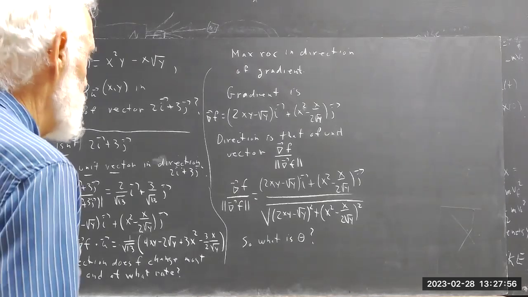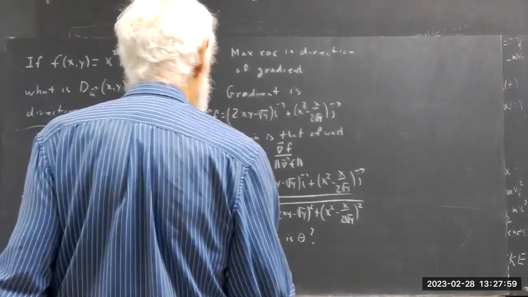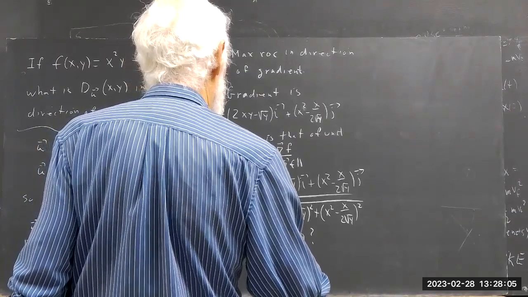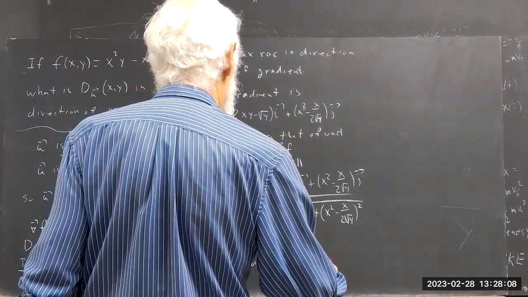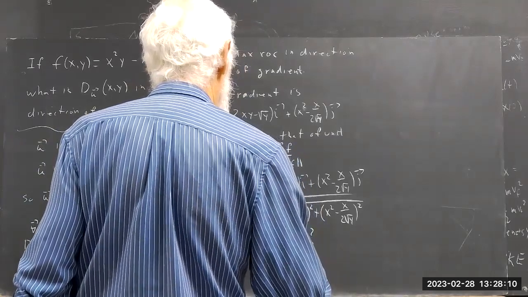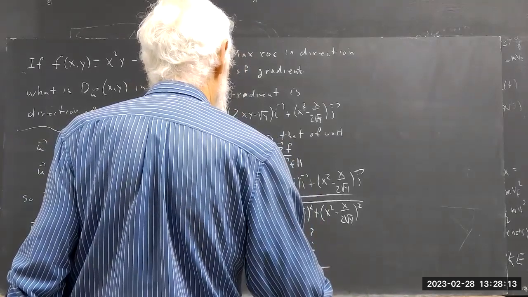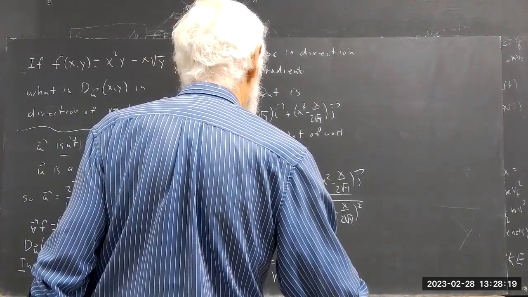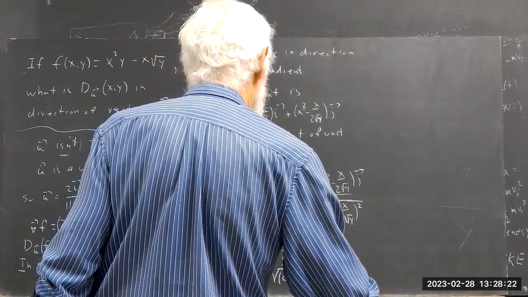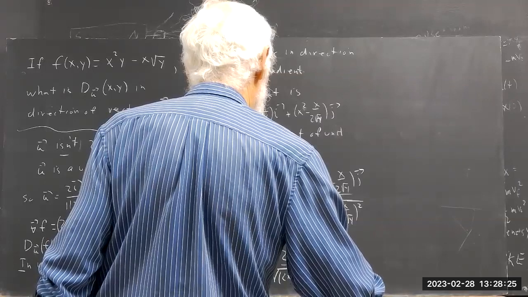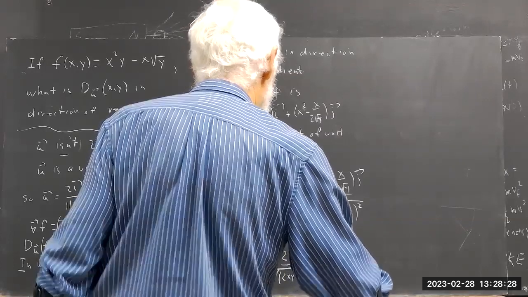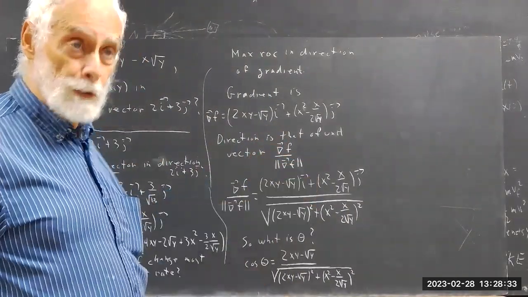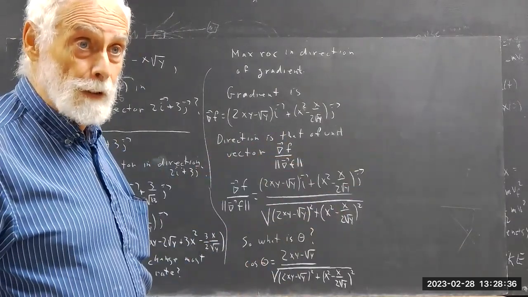Okay, so what's theta? Well, among other things, this is a unit vector that has the form cosine theta i plus sine theta j.